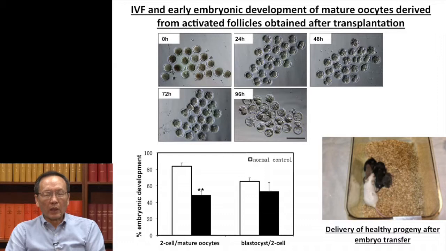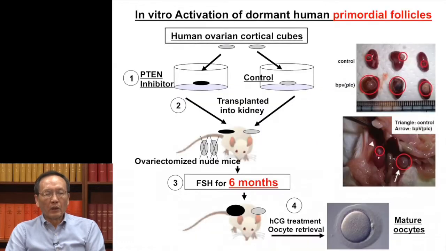So then we push this to the clinical human situation. As you can see in this slide, we use the cortex region, which only contains primordial follicles in the human. We cut out small fragments from patients who donate a very small piece of their ovarian cortex.